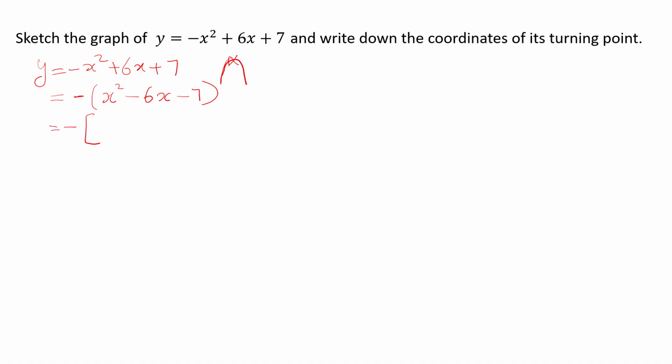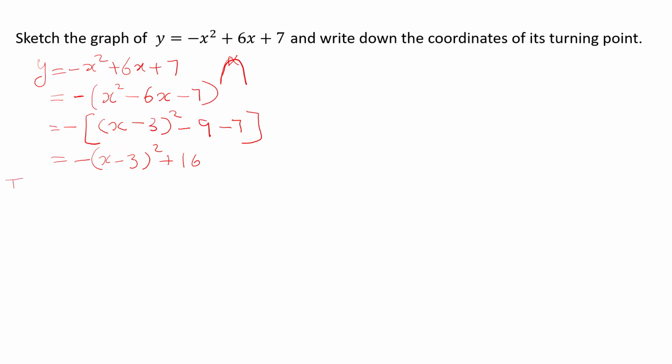Then I'm going to complete the square: x minus half of 6, which is 3, squared. Take away 3 squared, which is 9, minus 7. Multiplying the negative sign back in, negative x minus 3 squared, minus 9 minus 7 is minus 16, times minus 1, positive 16.